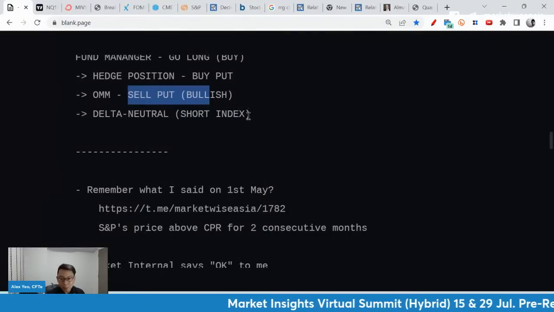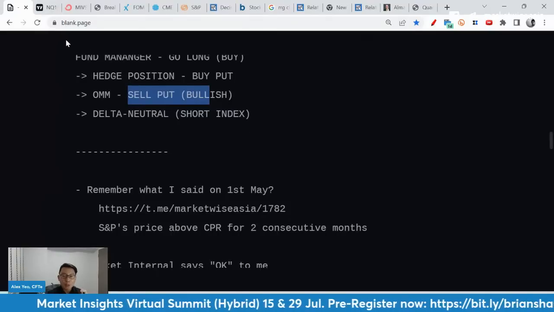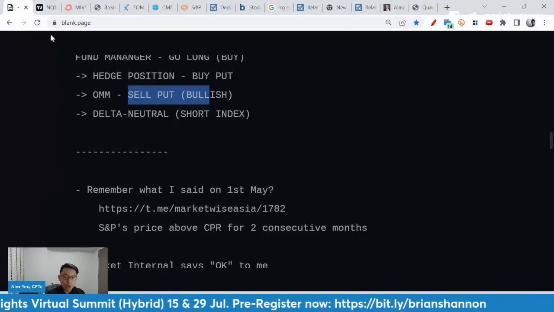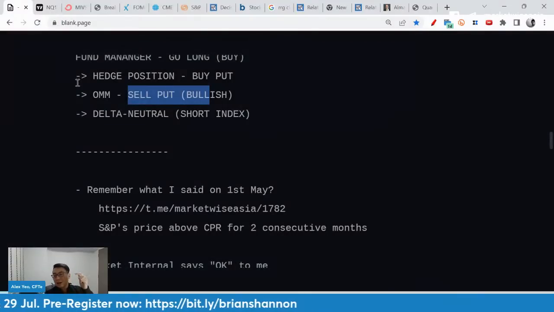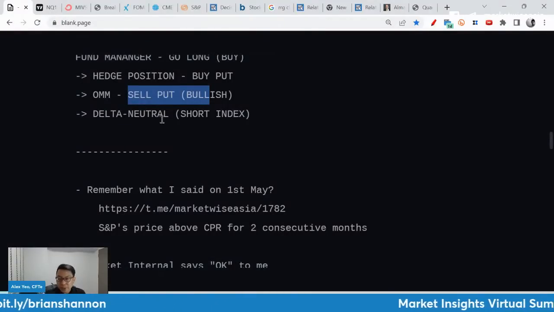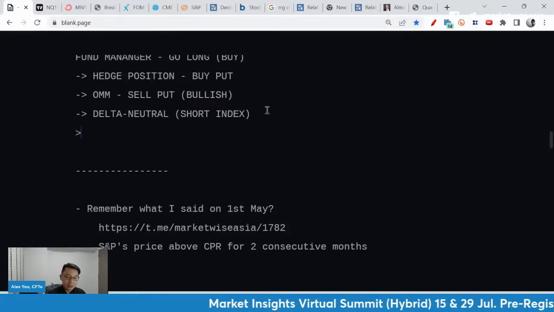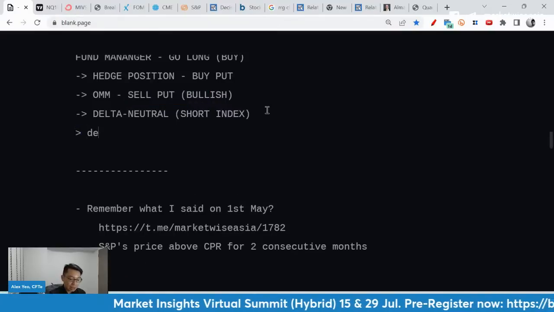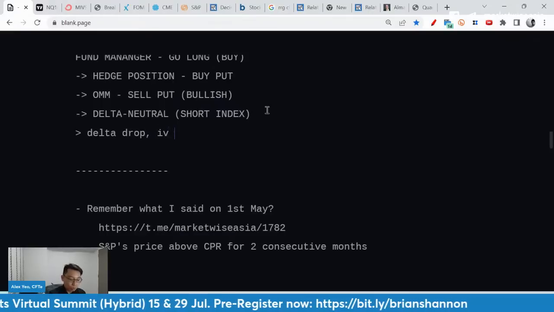At one point in time, when it is near the options expiry date, which is like this week or so, the delta will drop.